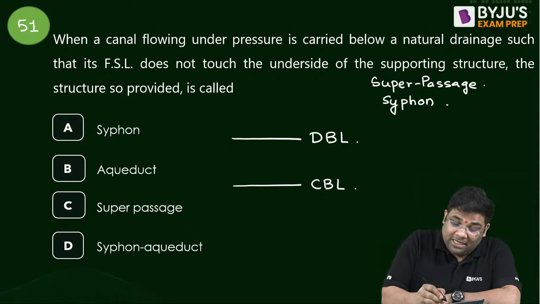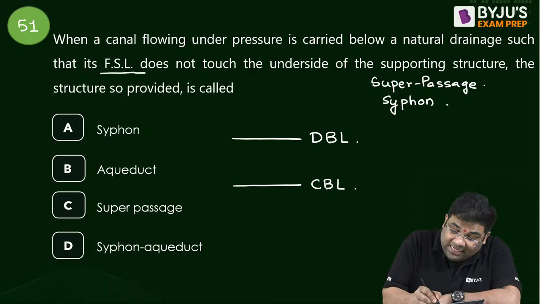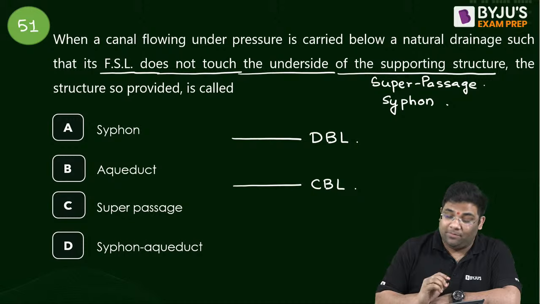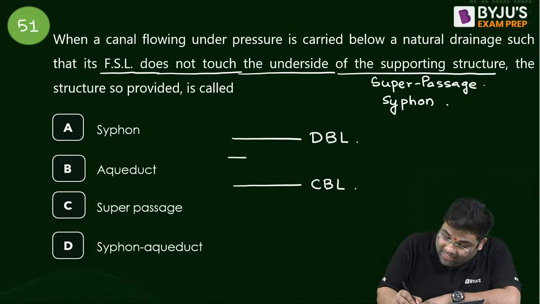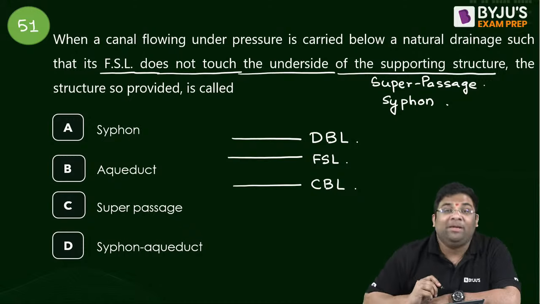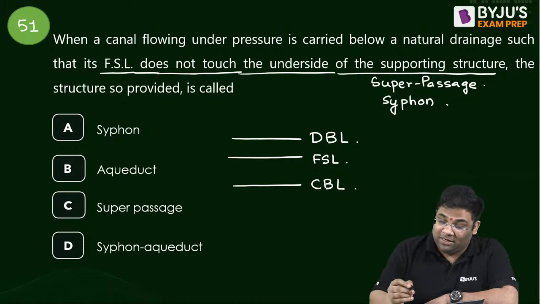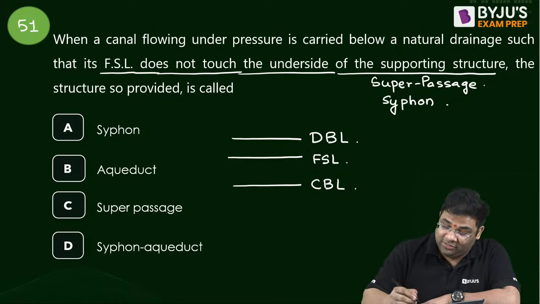The FSL doesn't touch the underside of the supporting structure. Means what? This is the FSL and it doesn't touch the DBL. Underside of the supporting structure, right?